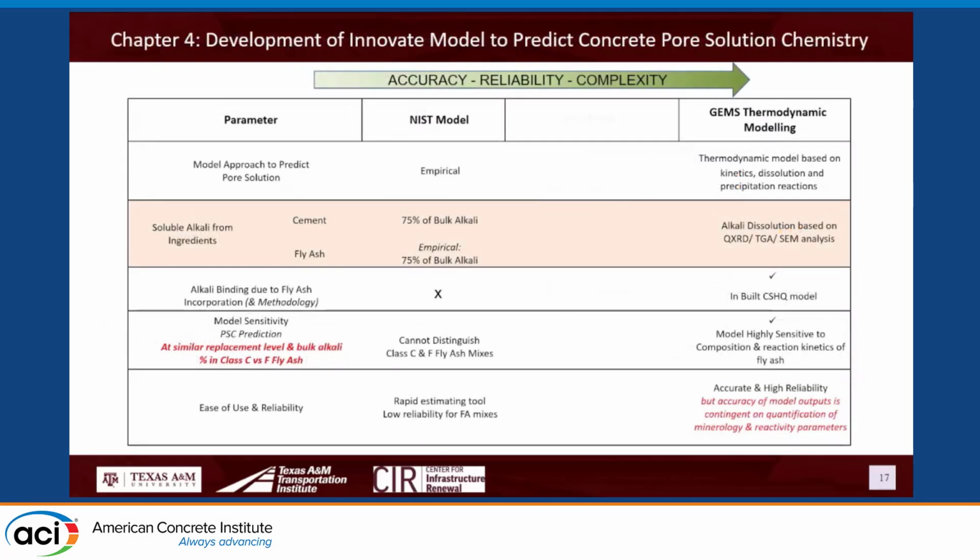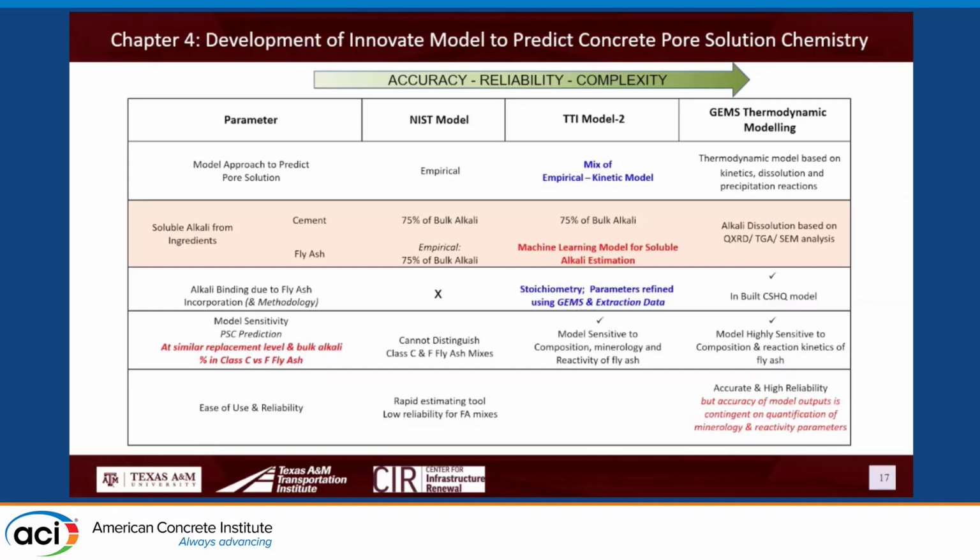So how did we accomplish what we did? We made this model a mix of empirical and kinetic model. Cement was kept constant, but machine learning was used to estimate soluble alkalis coming from fly ashes. Does the model have sensitivity to PSC prediction? Yes.